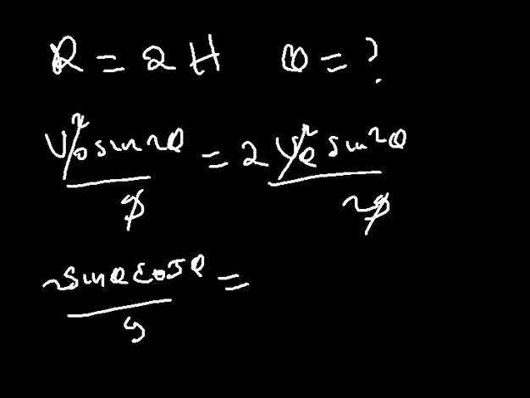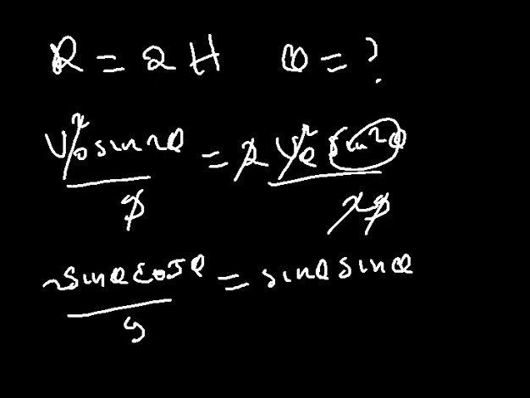And you can also cancel this as well. Now we have sin theta, and another sin theta, because we have sin squared theta there.